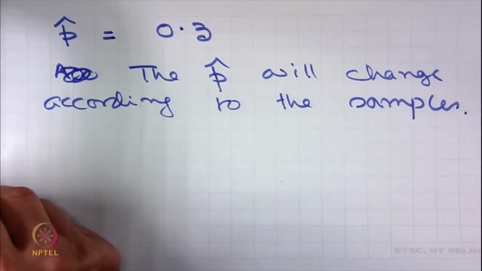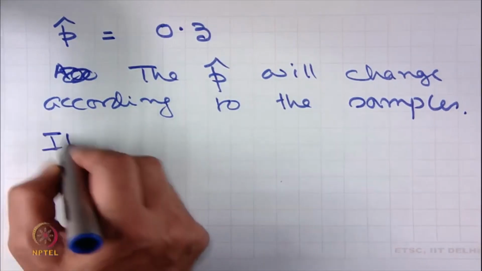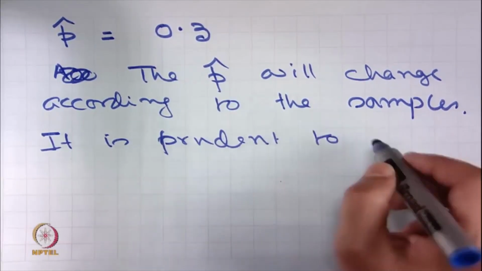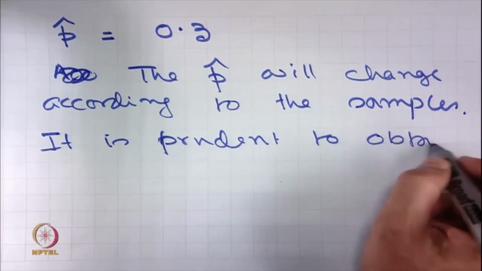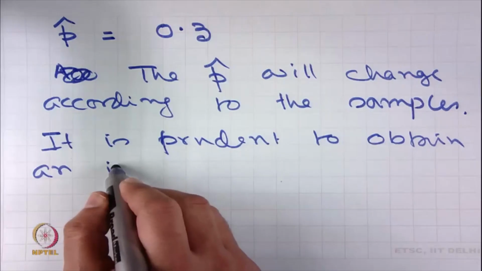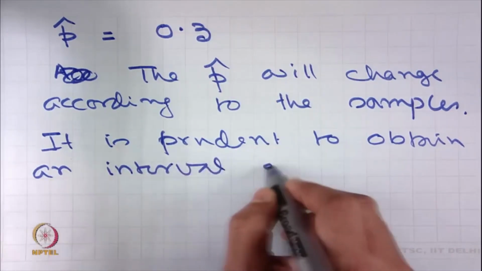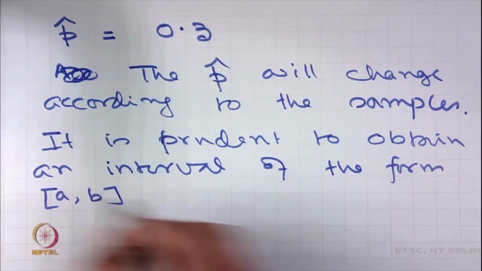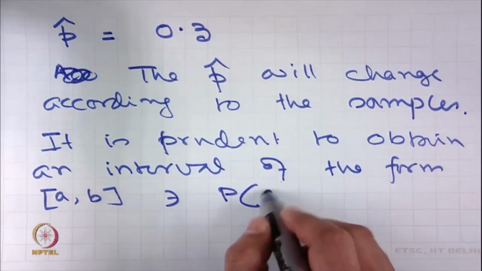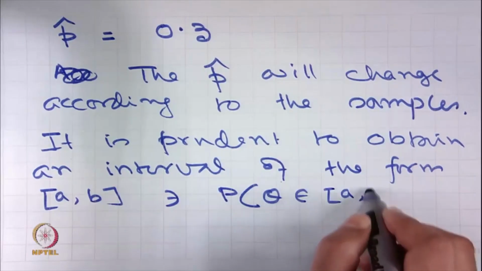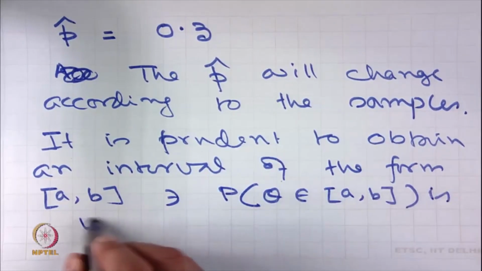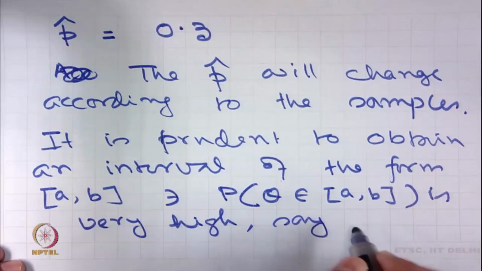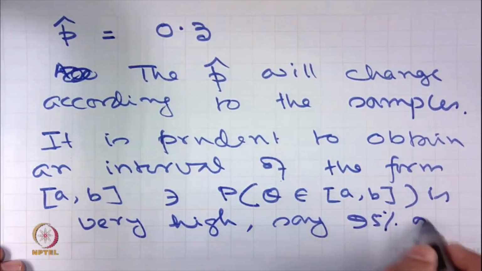Hence, it is prudent to obtain an interval of the form say a b such that probability theta belongs to A B is very high, say 95% or 99%.